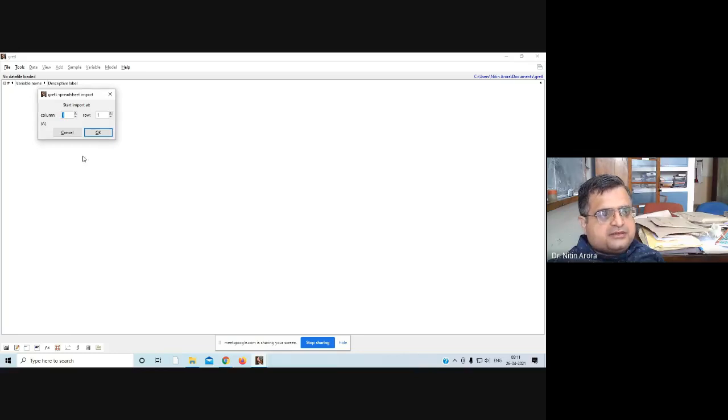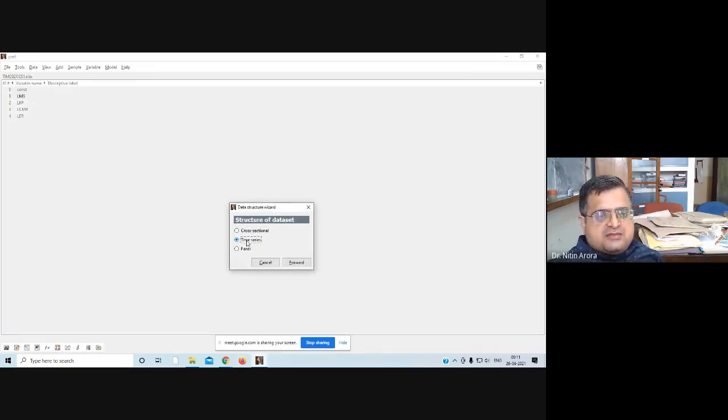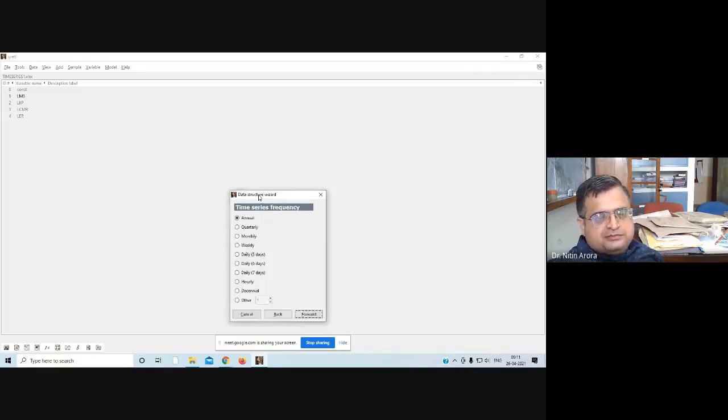Click open. I have to start import at first column and first row. Click OK. Now Gretl is asking whether the imported data is interpreted as undated, cross-sectional data. Do you want to give the data a time series or panel interpretation? I click yes, because it is time series data. Click here, time series, forward.